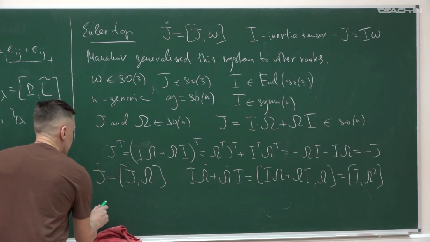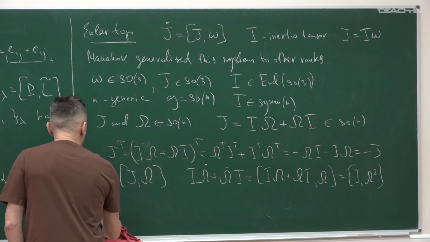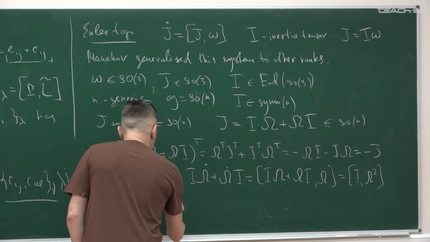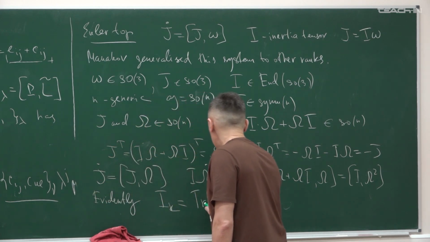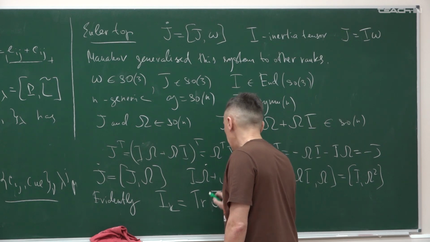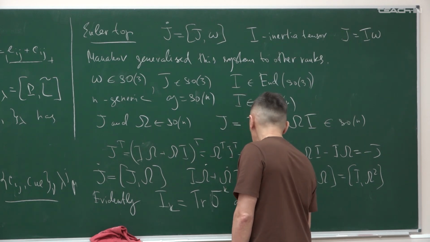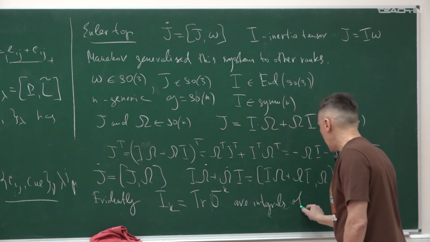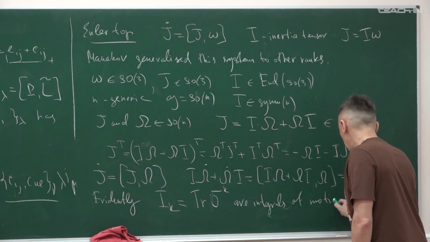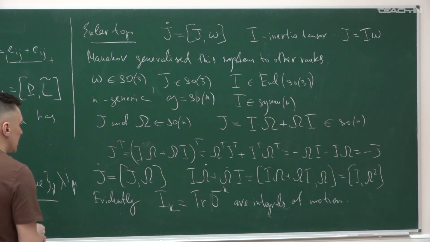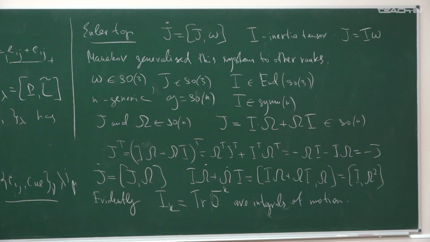So evidently, I_k, which are traces of J^k, are integrals of motion. And moreover, they are in involution.